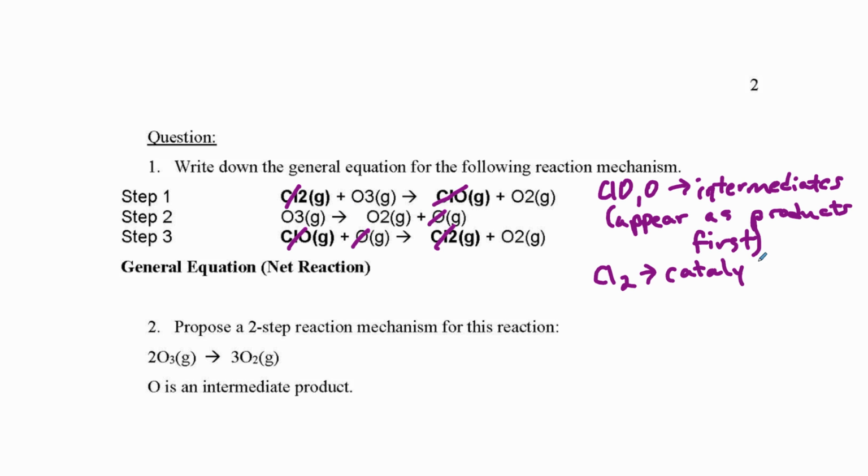And the reason we know that is because a catalyst gets added to a reaction to speed it up. So you add it in with your reactants to make the reaction go faster. So we know it's a catalyst because it appears as a reactant first.